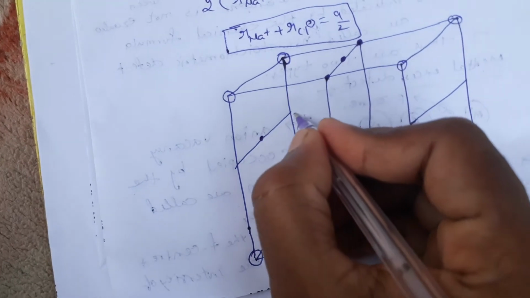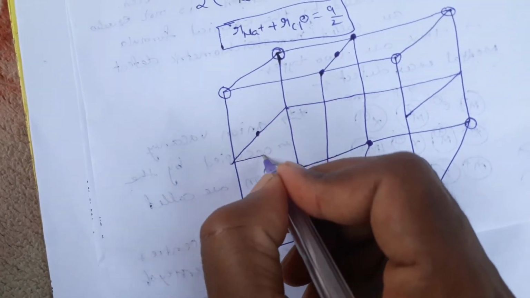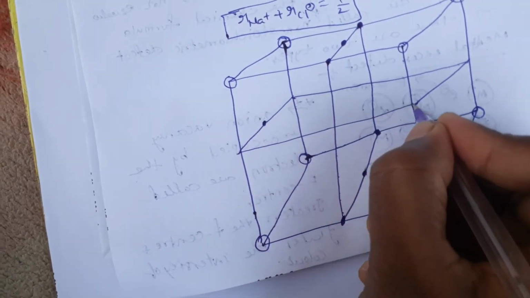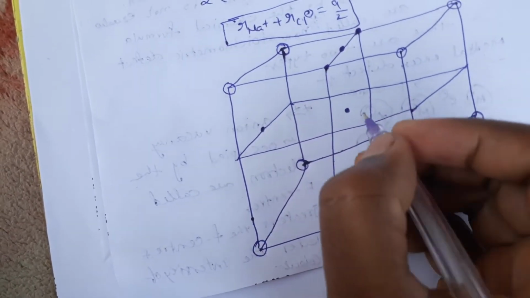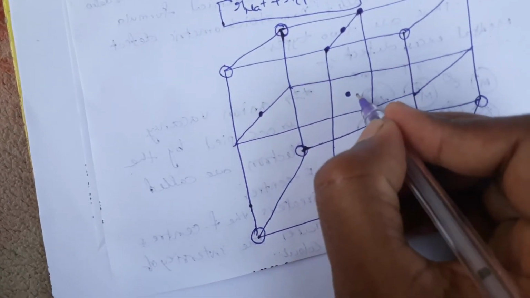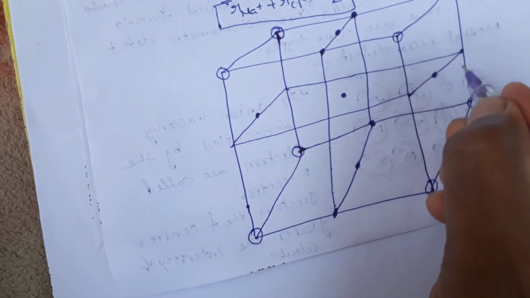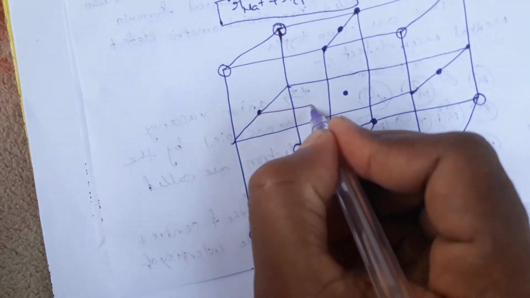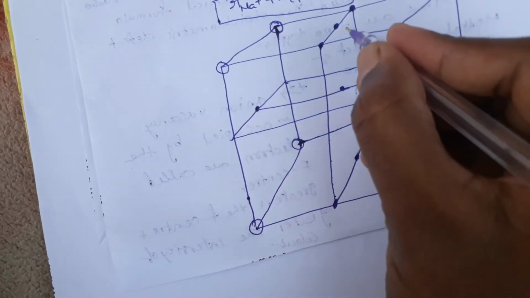At the center also we have octahedral voids. Octahedral voids are present here, on the face and on adjacent ones. So how many octahedral voids? 3 octahedral voids are present.